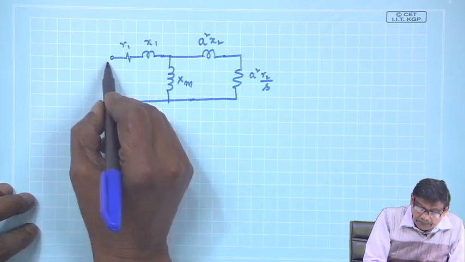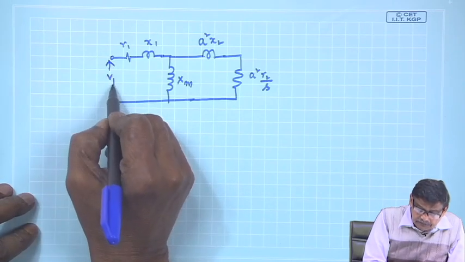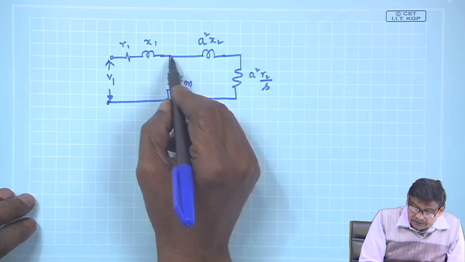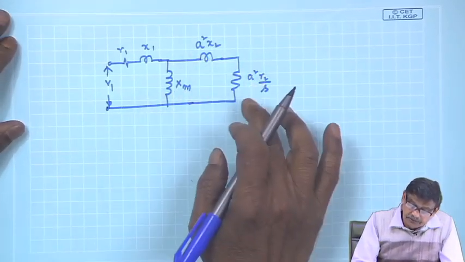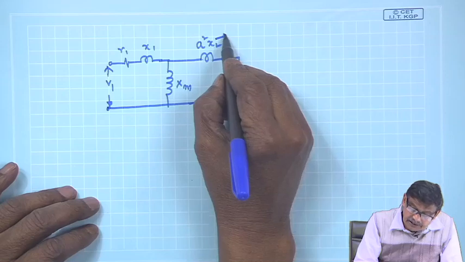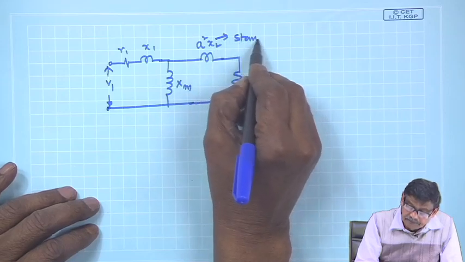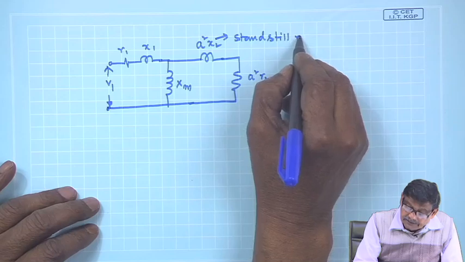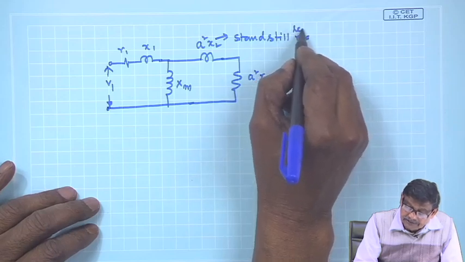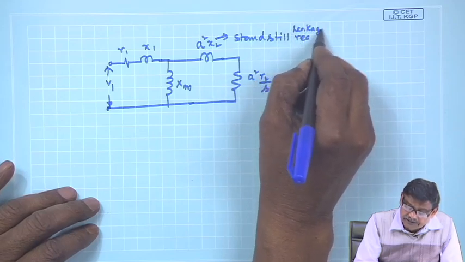Okay, this is your applied voltage V1 and this is your magnetizing reactance Xm, this is S square X2. What is X2? Standstill leakage reactance. These are small leakage reactances.